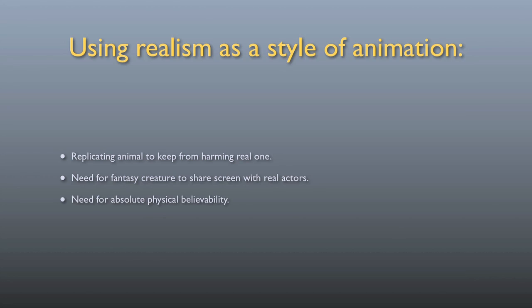The need for absolute physical believability. You want this thing to be 100% believable to the audience. That's the ideal thing. A lot of times people see things and say, oh, that's not real, that's CG. When they start to get pulled out of something because of that, you don't want it to be because of the animation.